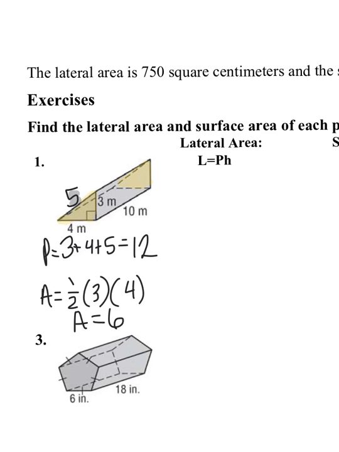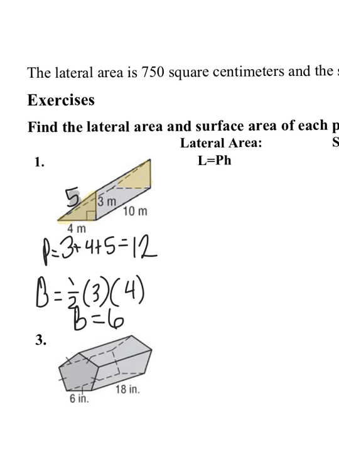So the lateral area is everything but the bases. So I have perimeter, I have area of the base already done. And I'm actually going to go back, and we're going to call this a capital B. It is A, but the area of the base is a capital B, so we'll name it a capital B. Capital B stands for area of the base.